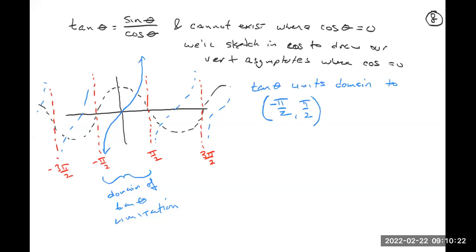Because those are vertical asymptotes. Range doesn't change. It's still negative infinity to infinity, which of course will never be equal to.